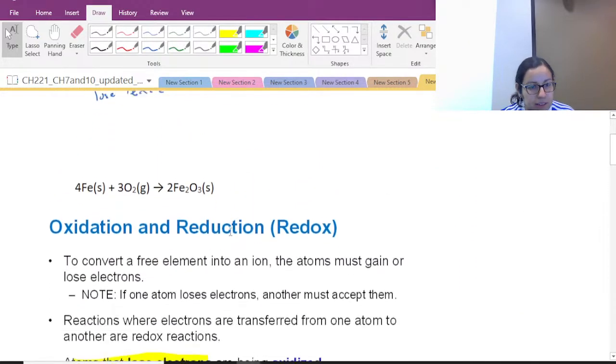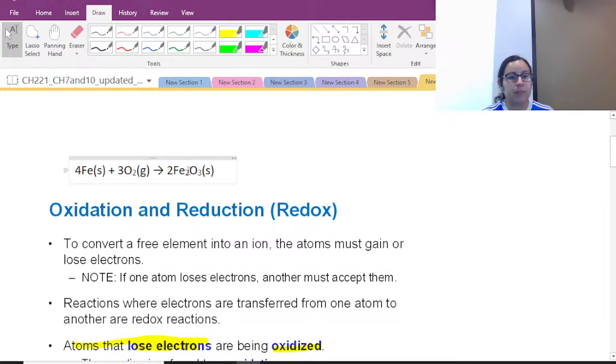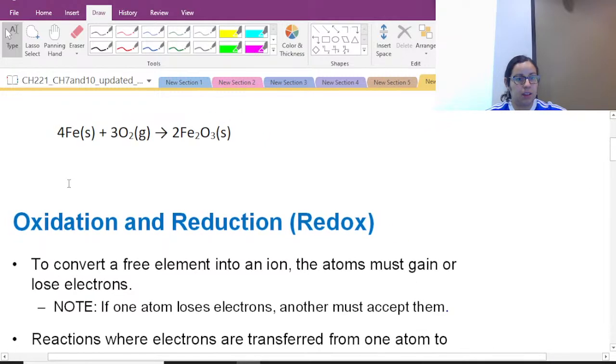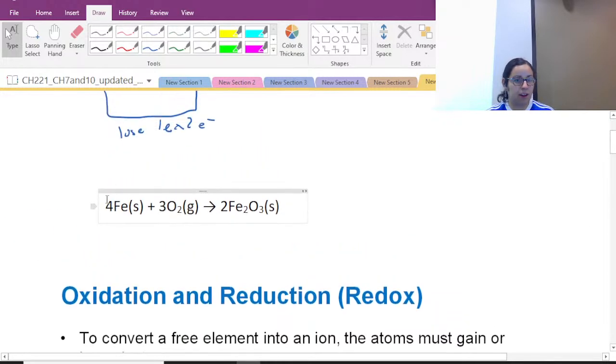And so let's practice another analysis. Let's do this one. What's the oxidation state of iron in this case? Iron is 0, oxygen, 0.